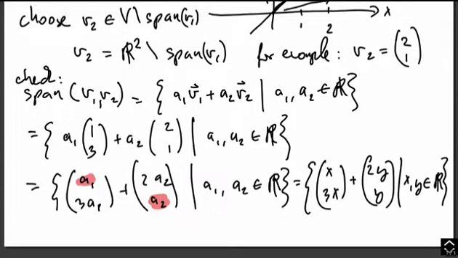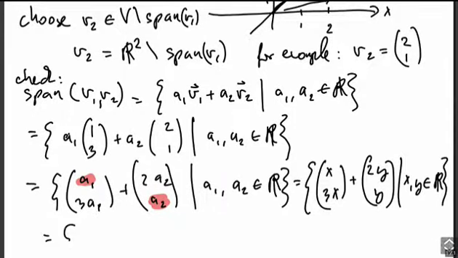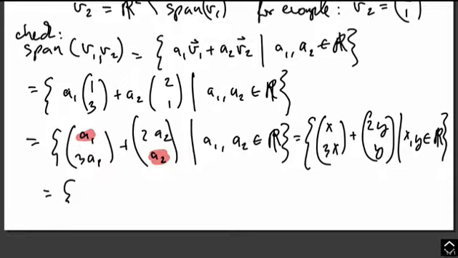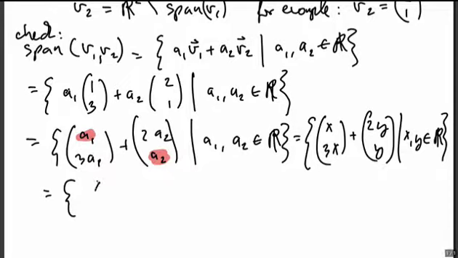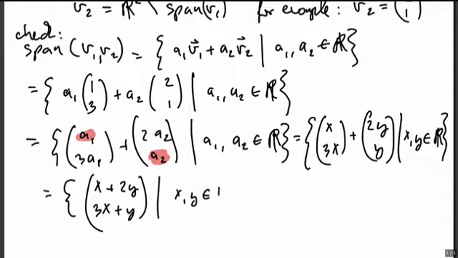Another way to write this, of course, is we add together the two vectors, and we get (X plus 2Y, 3X plus Y), such that X, Y are in R. The question is now, is this equal to the whole R2 or not?